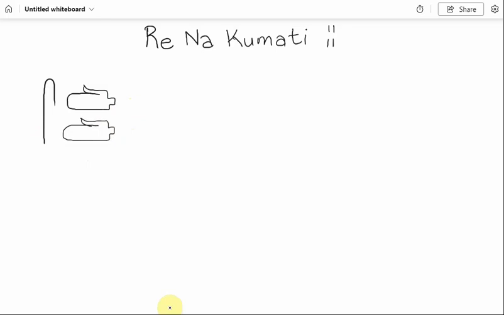And then there are other ways that this is expressed, okay? And we're gonna add a glyph here on the other side, the E. And then we're gonna add another glyph here.